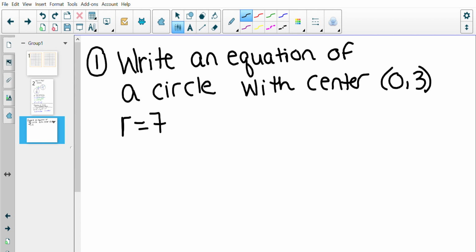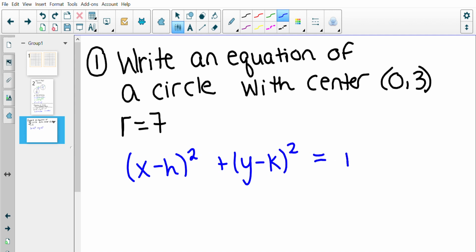So when I'm asking for an equation of a circle, I'm asking for an equation in standard form. So we want the difference of x and h squared plus the difference of y and k squared, and we want that to equal r squared.